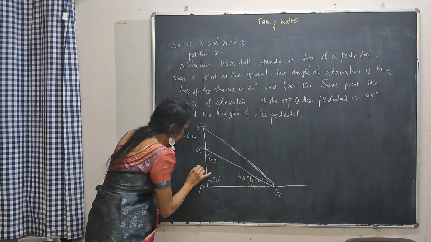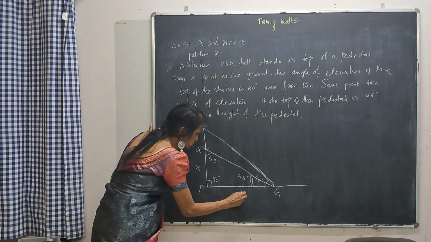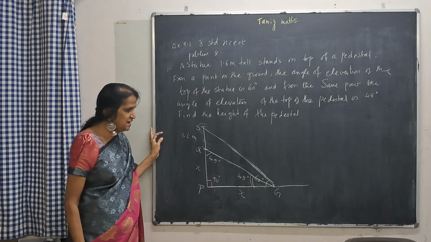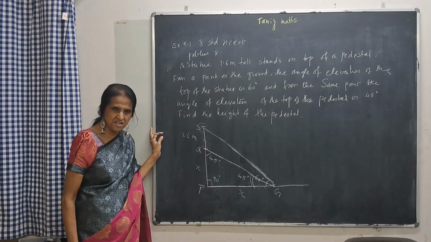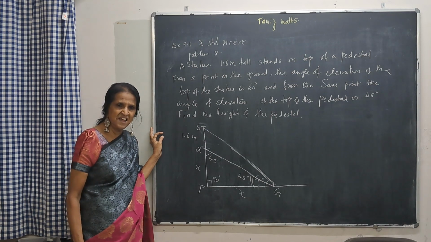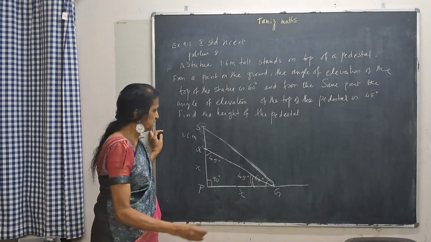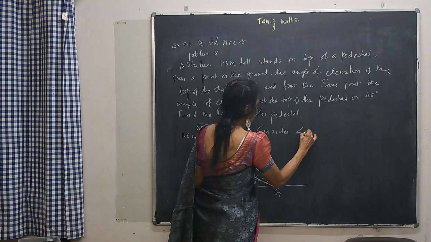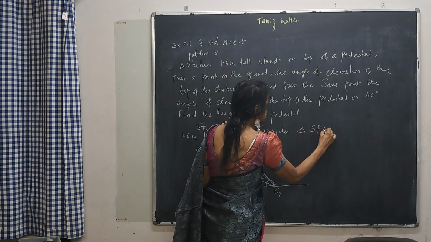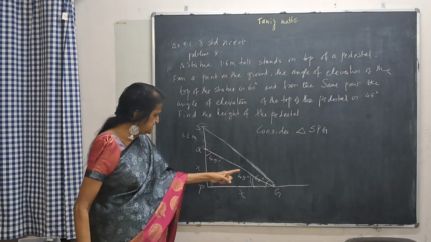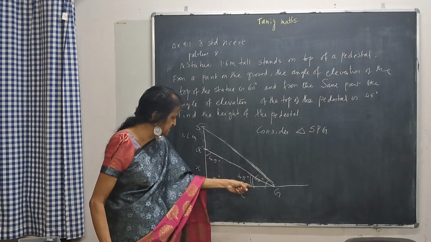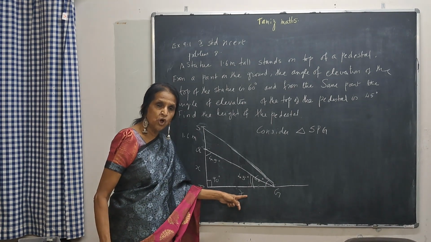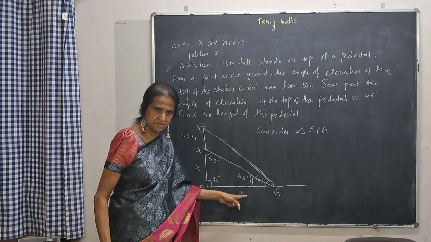So let me say this is x. So this also will be x. Next, consider triangle SPG. This angle is 60 degrees. It's given to us. Tan is opposite by adjacent.